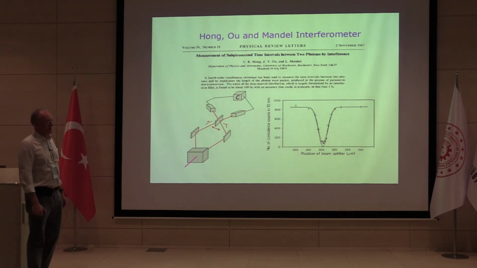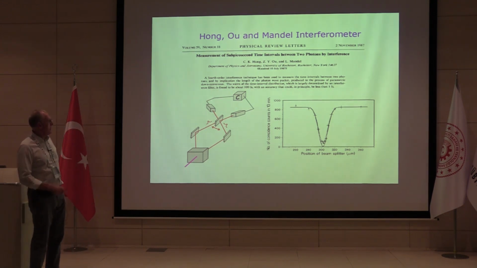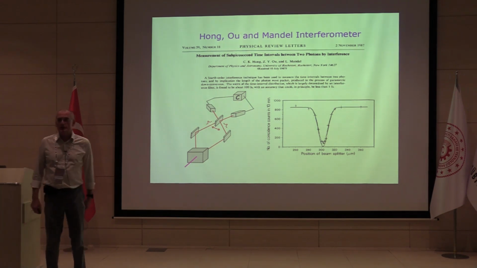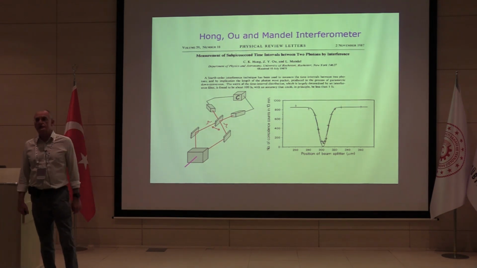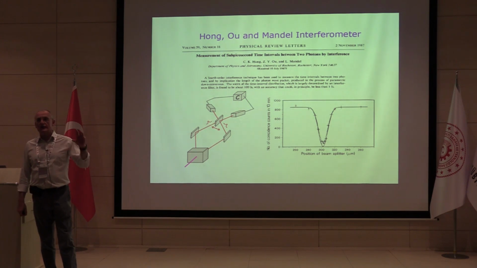But later on, things started to develop. By the way, Len Mandel, when I was a student, I learned about his work from his famous paper from 1958 about the statistics of photoelectron counting.